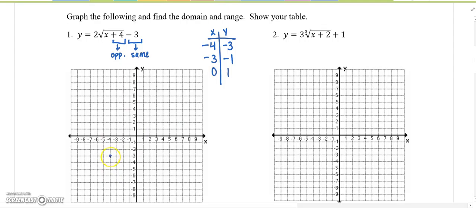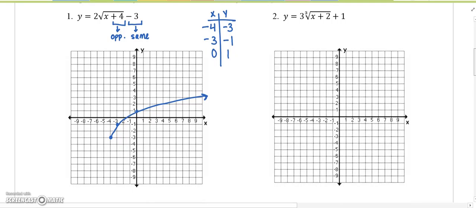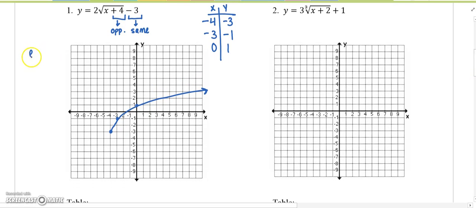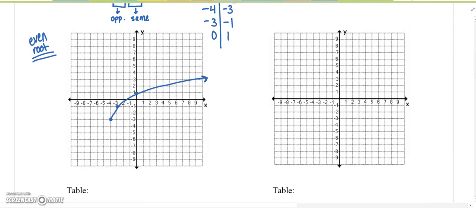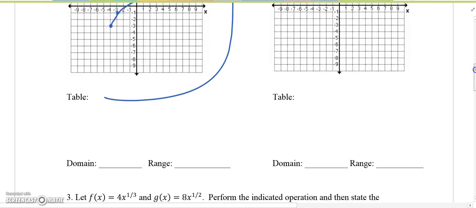-4, -3, -3, -1, and 0, 1. Now this makes like a line sticking out and then curving, and that's our graph. Since it's an even root, and a square root is an even root, any even root will have domain restrictions. Down here it says domain and range.